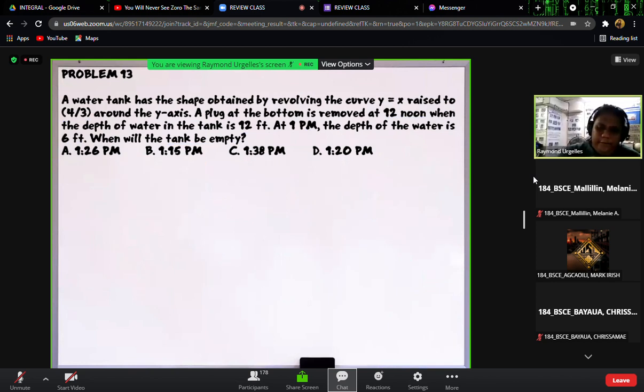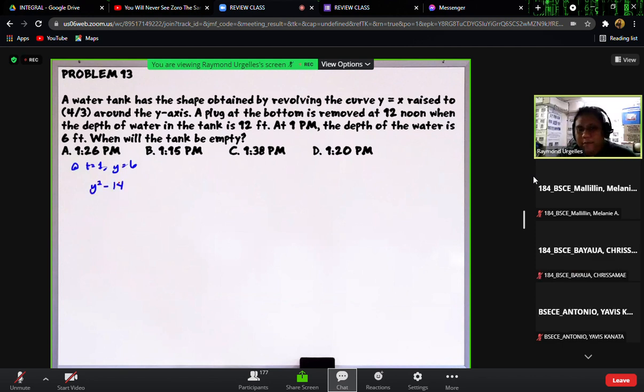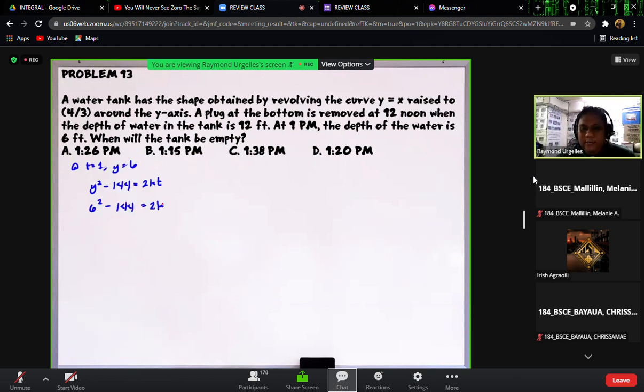So using our equation, y squared minus 144 is equal to 2kt. Okay, y is 6, so 6 squared minus 144 is equal to 2k times 1.